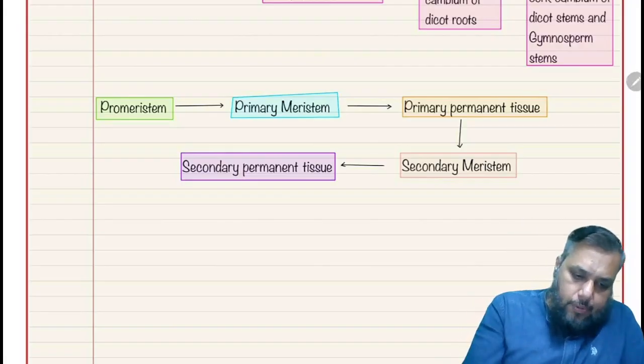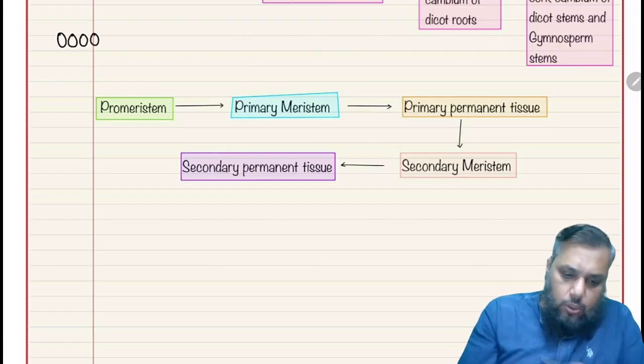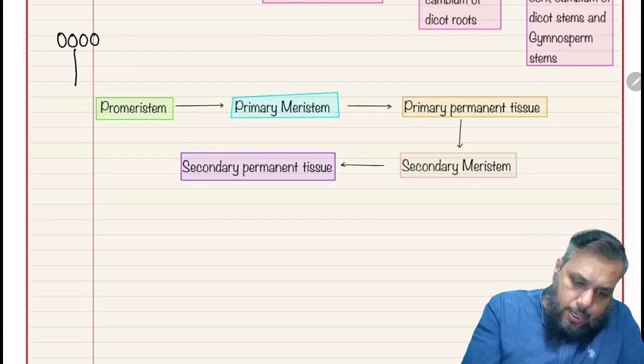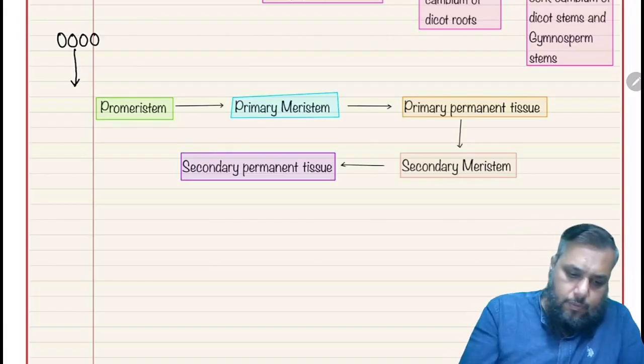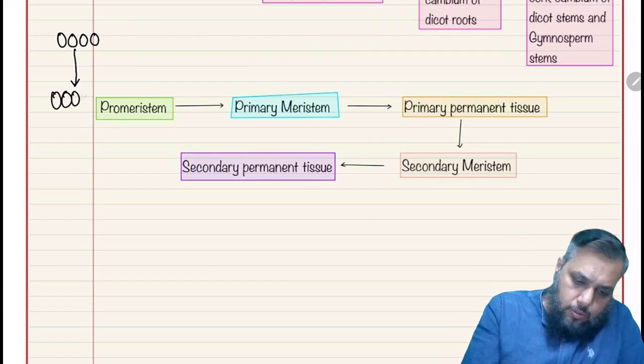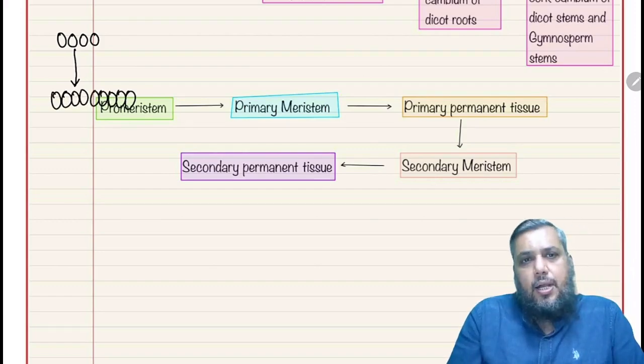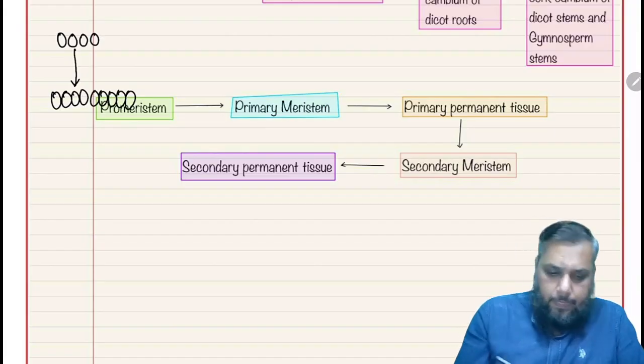To quickly recap, once upon a time, all the cells were the same and they had the ability to undergo cell division. These are called undifferentiated cells.